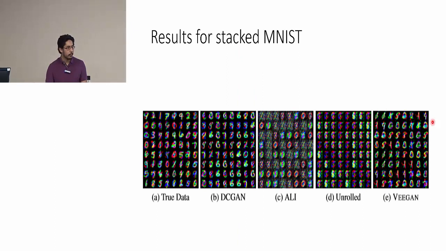So the idea here is that the GAN should generate these stacked digits, right? Yes, there are 3 digits stacked along the color channels, and then the generator is supposed to regenerate 3 digits stacked by the color channels. So there are 1,000 modes.